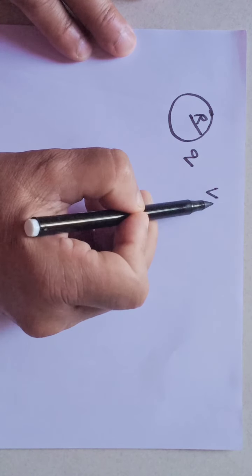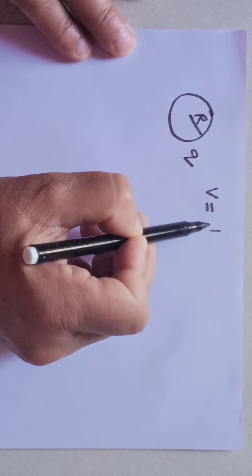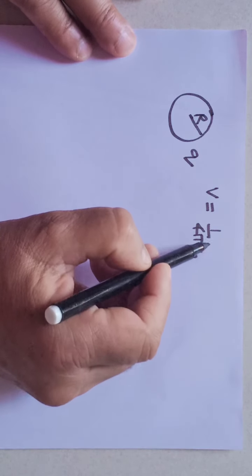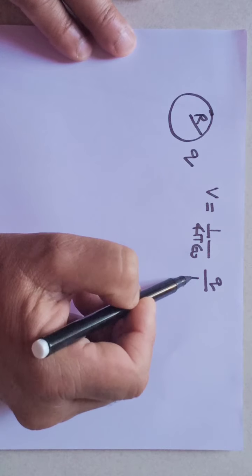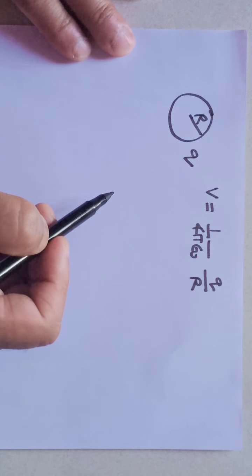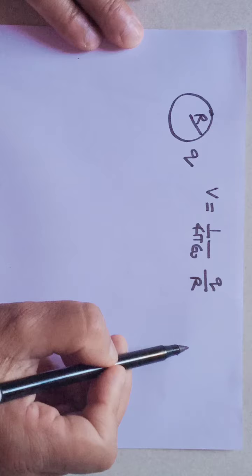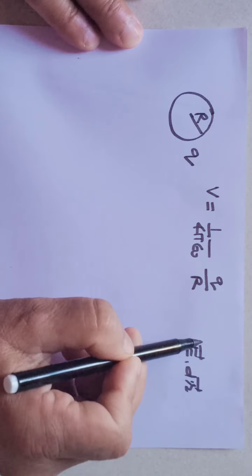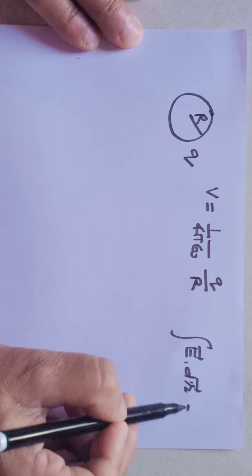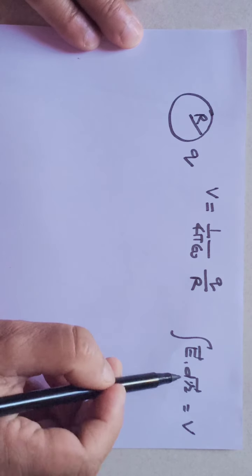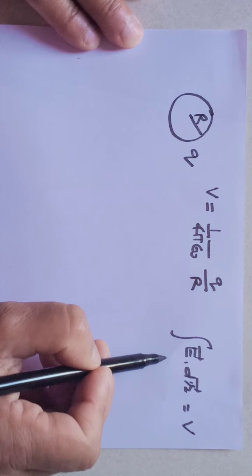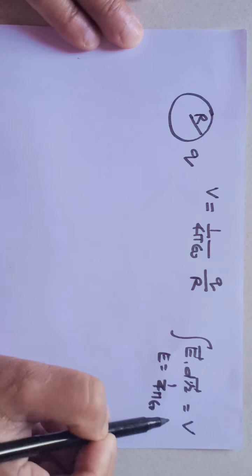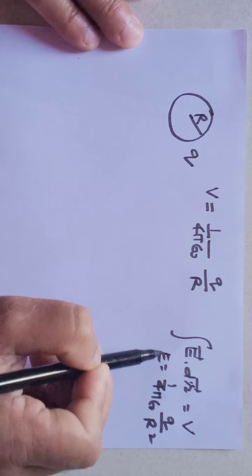So the potential on its surface is 1 upon 4 pi epsilon naught Q upon R. We can calculate it from E dot dr. This is the potential. E here is what we have learnt, 1 upon 4 pi epsilon naught Q upon R square.